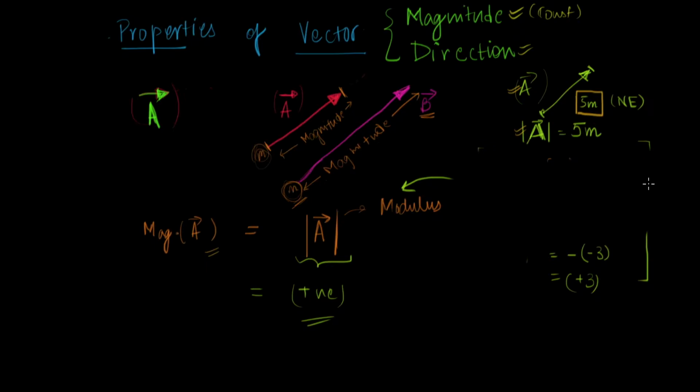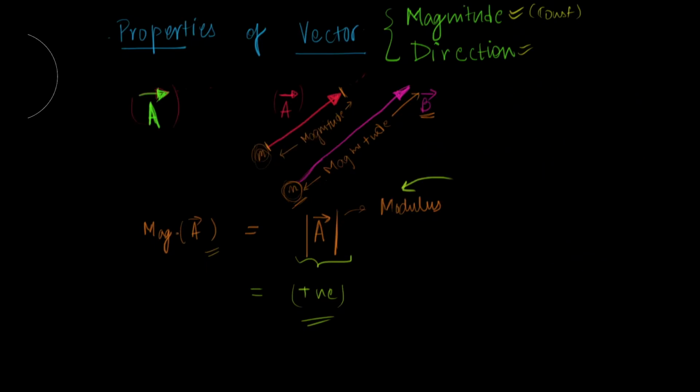Now, if I make some space and get rid of this, I can talk about what we call the direction of a vector. There would be cases later on where we would want to work just with directions.